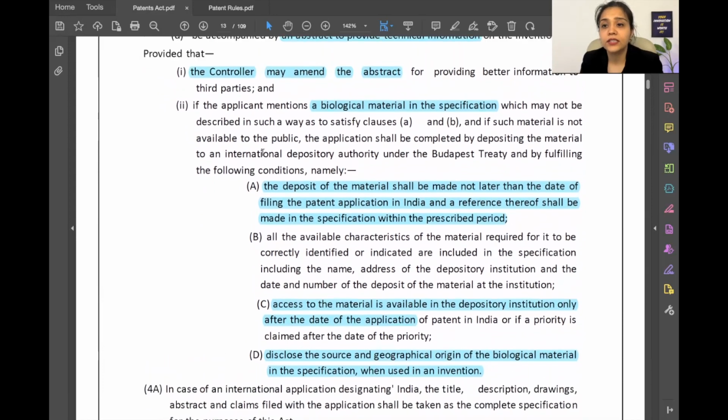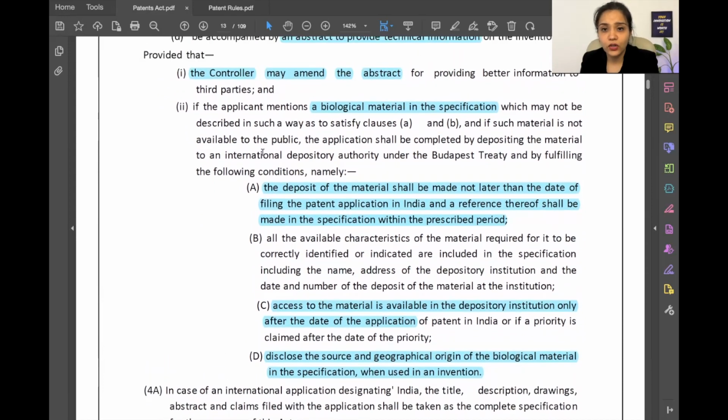Next we have, this is also a very interesting requirement, which is of a biological material. So in this subsection, we speak about this requirement and the Budapest Treaty, and let's go through the provisions.